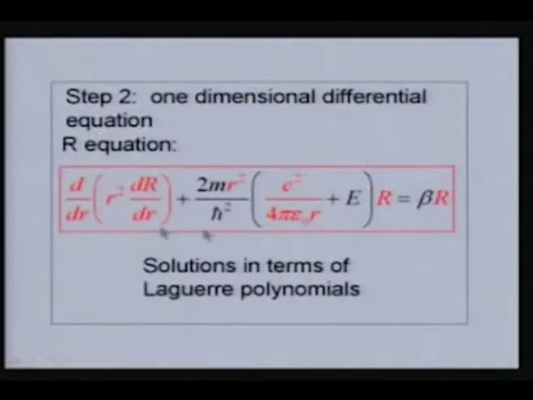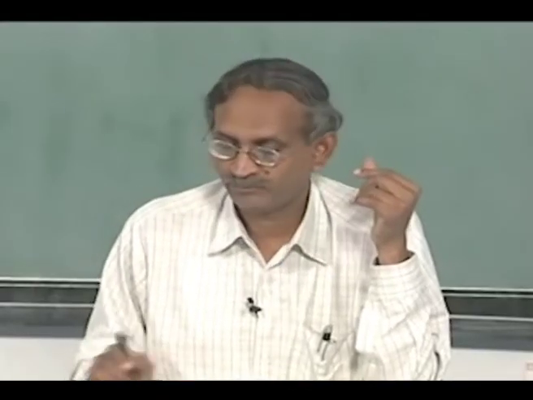The point is that this is a solution for the radial coordinate, and later on we will learn that the solutions are given in terms of the orthogonal polynomials known as the Laguerre polynomials.